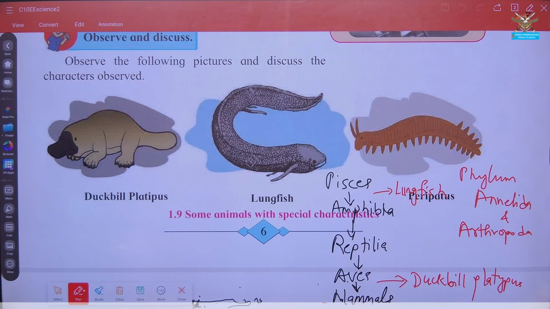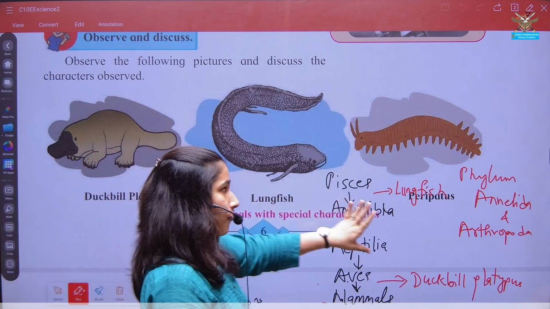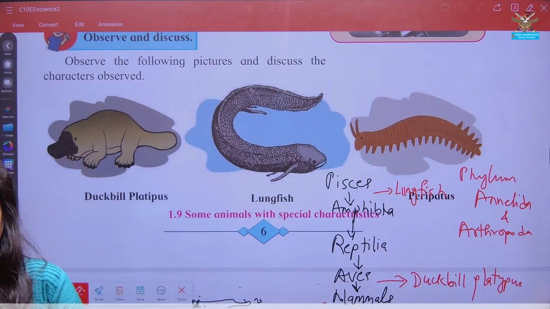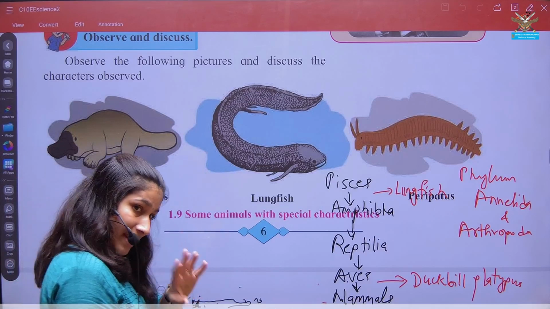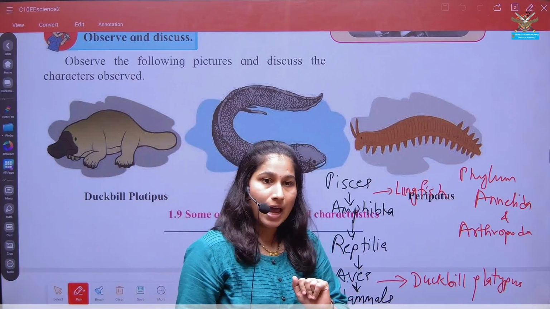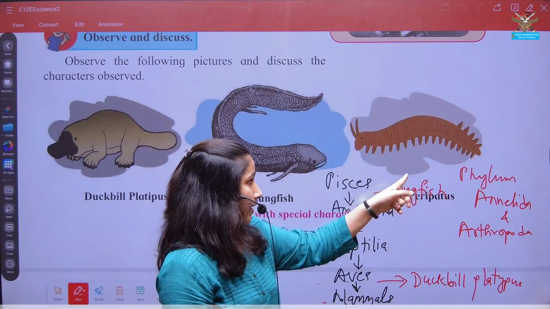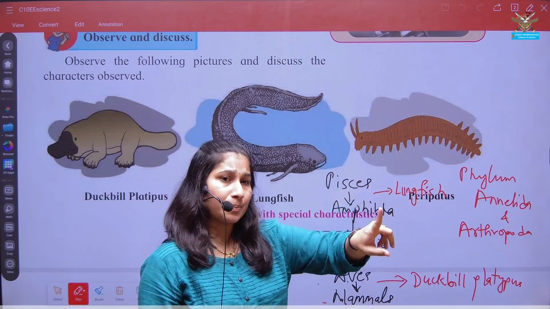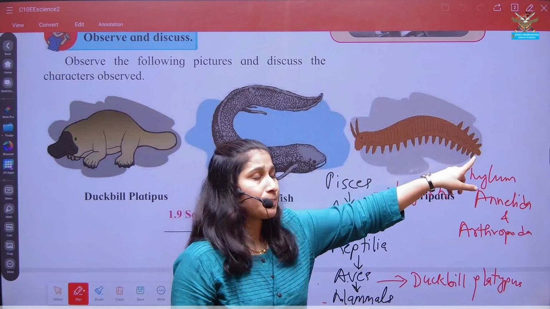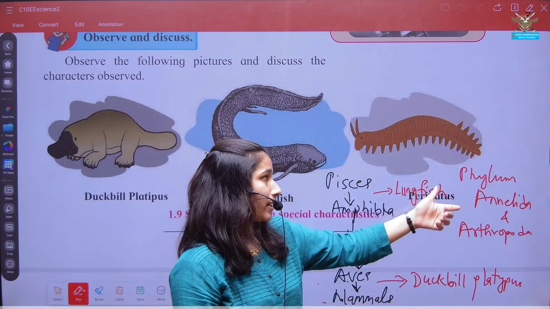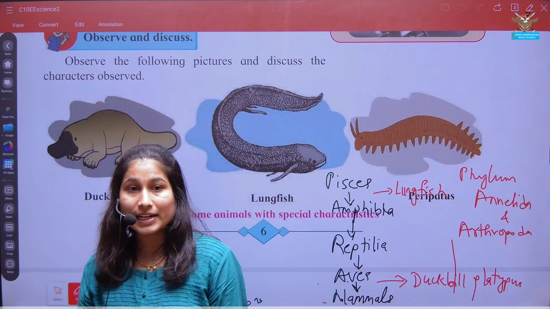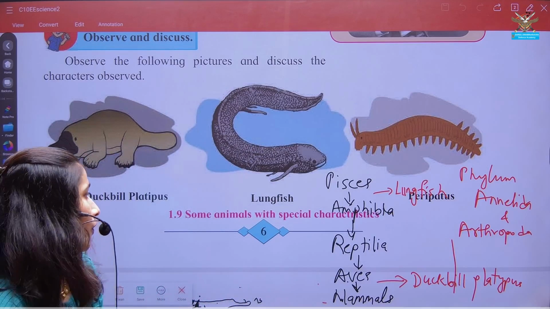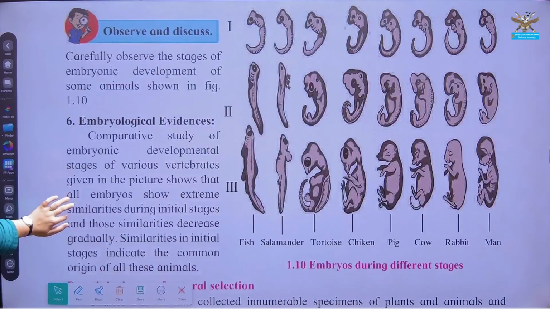Annelids are a group of individuals which show crawling activity, creeping and crawling, just like caterpillars. Do caterpillars have legs? No. But peripatus have the body of a caterpillar, and it also shows the presence of legs. So it is indicating a connecting link between two phyla, phylum Annelida and phylum Arthropoda.